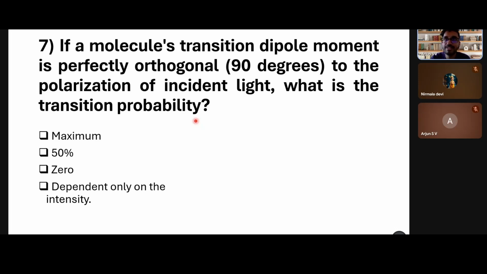The answer to this question can be solved if you know what happens to the light if it is a perfectly orthogonal polarization filter.